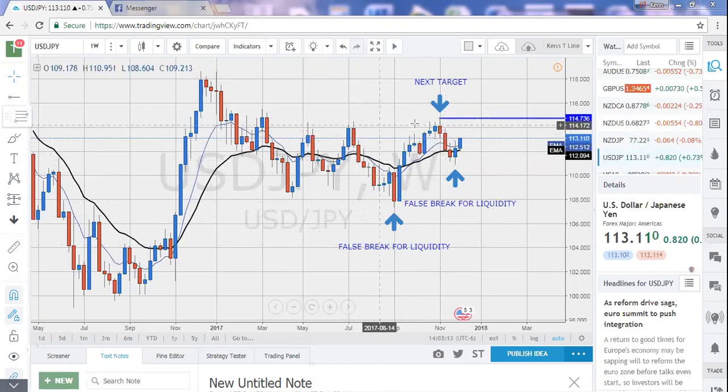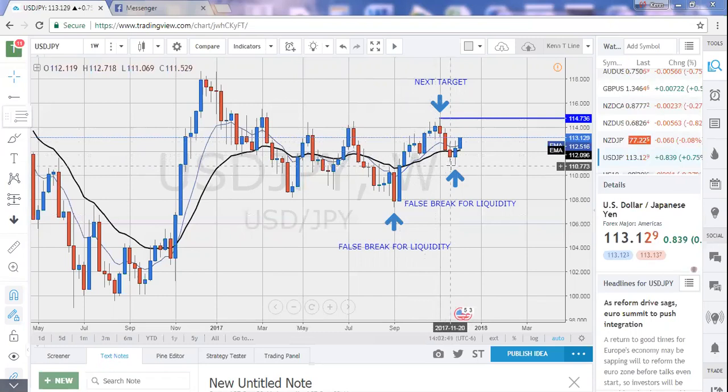Now, if you see right here, this high also took out two previous highs, reaching for liquidity to move the market down, and actually so that they can accumulate orders to go long again. So when we see this, we're going to definitely be bullish in the market. So this is the weekly, and then again, we're going to come down here and we're going to take out another swing low here.